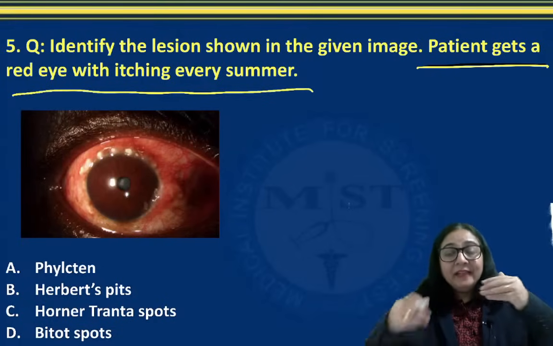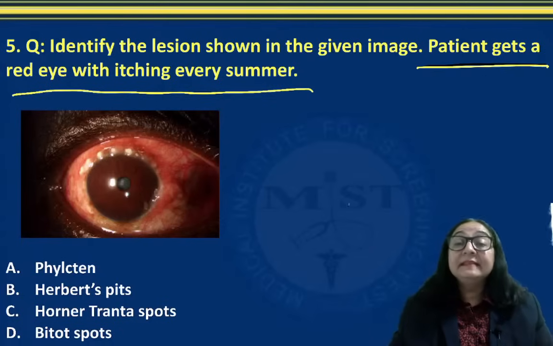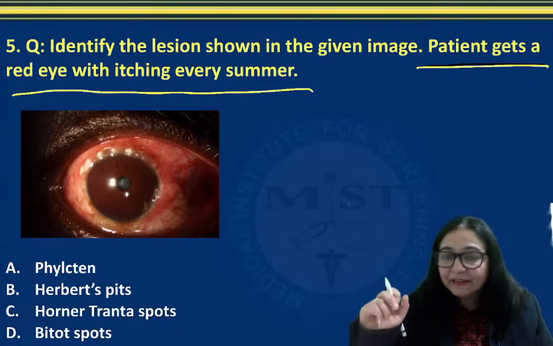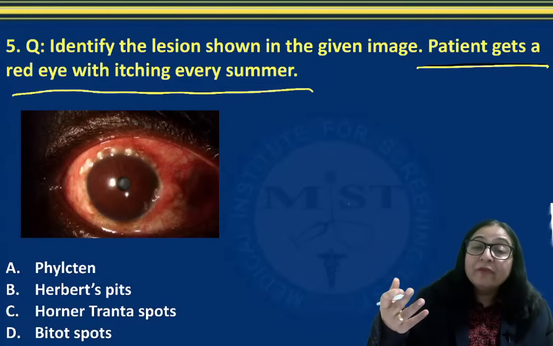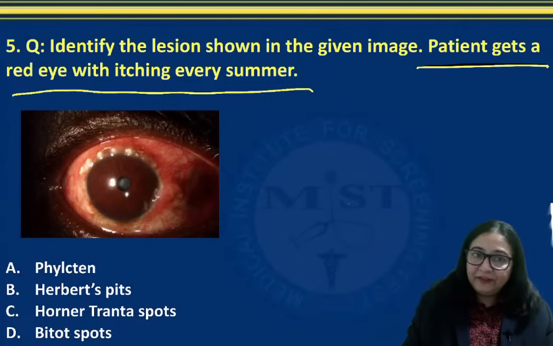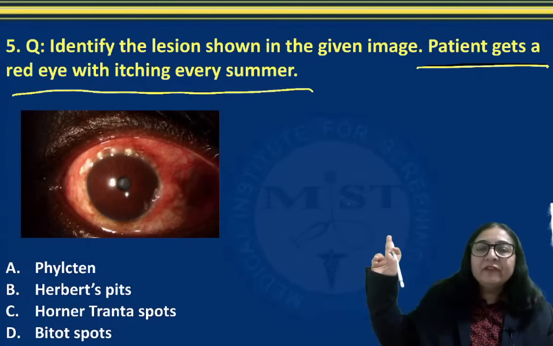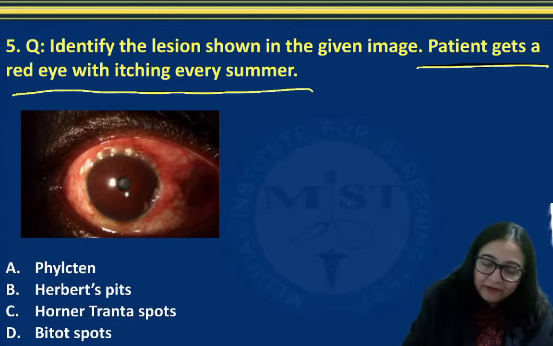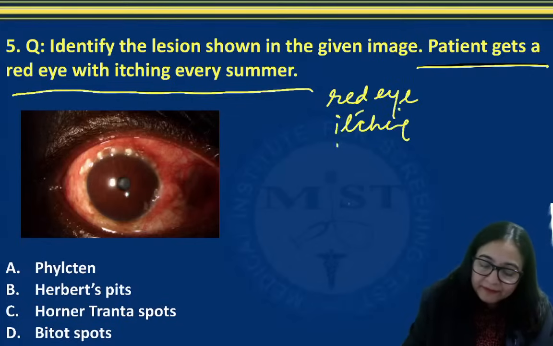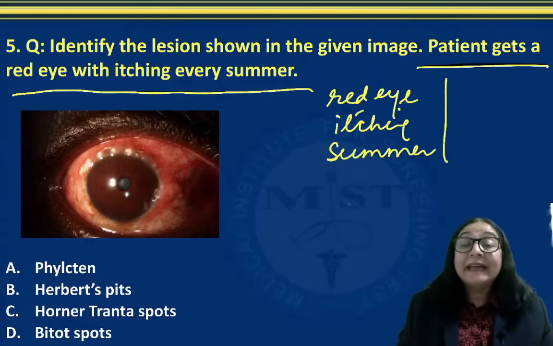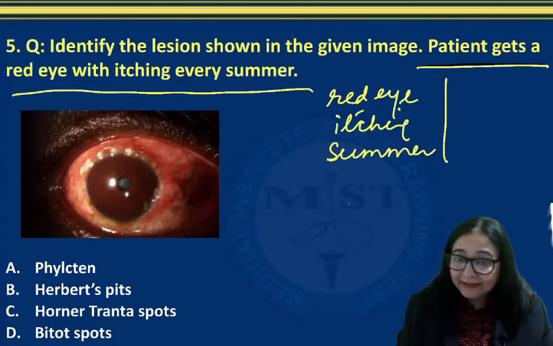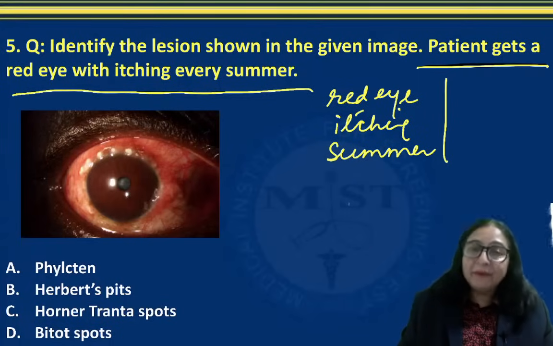Then if it is related to seasonal variation, that also favors an allergic condition. There is no decrease in vision given here. What they have given is red eye with itching becoming worse in summer season. So what we are looking at is a type of allergic conjunctivitis which becomes worse in summer season.